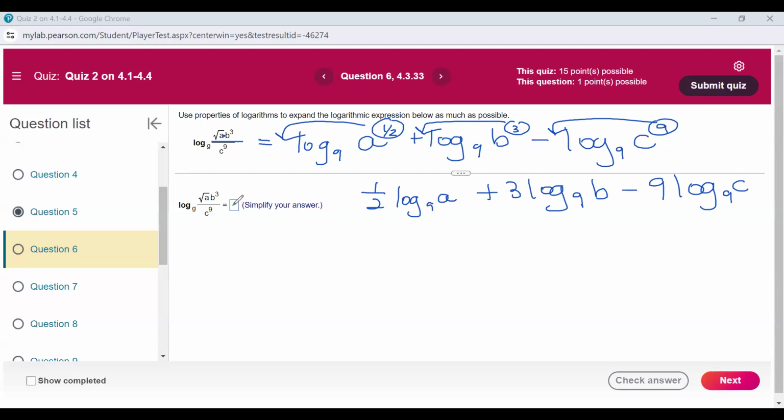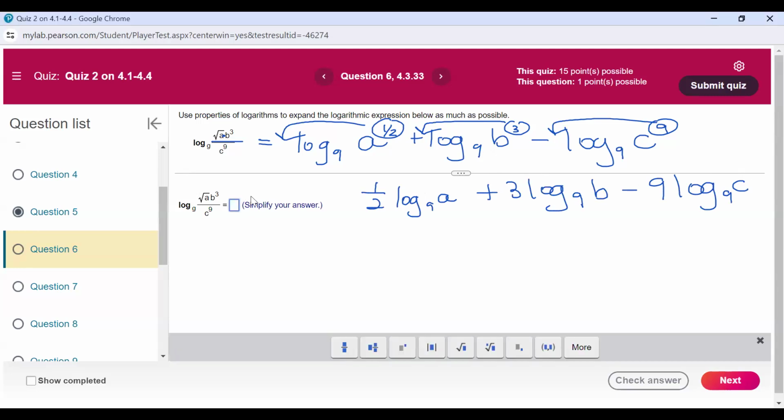So you would type that there. And when you type it, just be careful that you type it correctly with the 1/2. And then you can type log, and then the base 9, and then a plus 3 log base 9 of b minus 9 log base 9 of c.